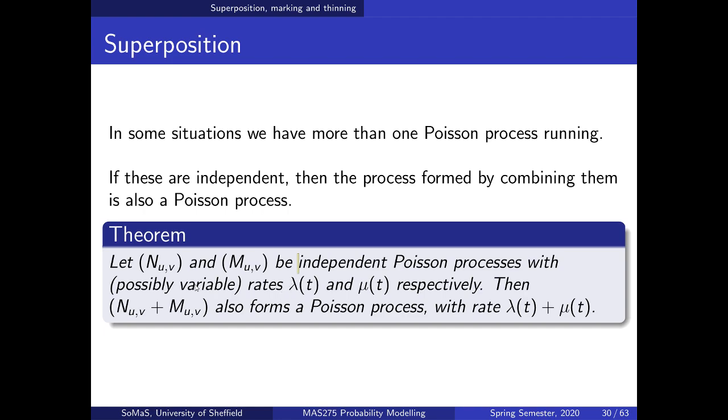So since constant is a specific case of variable, let's just have a lambda of t for N and a mu of t for M. Then the sum is also a Poisson process, and the rate of that is the sum of the rates. So that's an easy theorem, and let's go through the proof because it's a good exercise, but there's nothing too crazy about this.